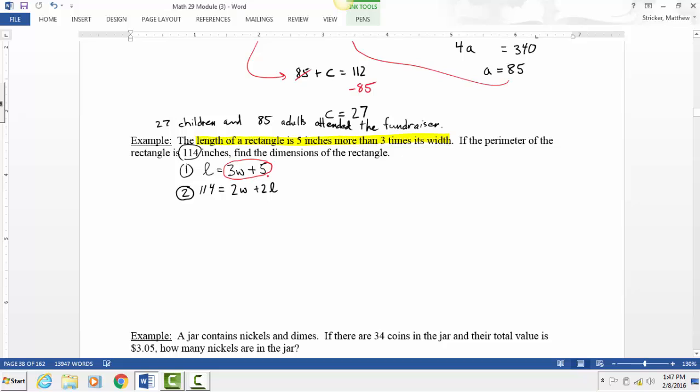We take what L is equal to and plug it in for L, because then when we rewrite the second equation, we get 114 equals 2W plus 2 times 3W plus 5. And you could finish it from there.